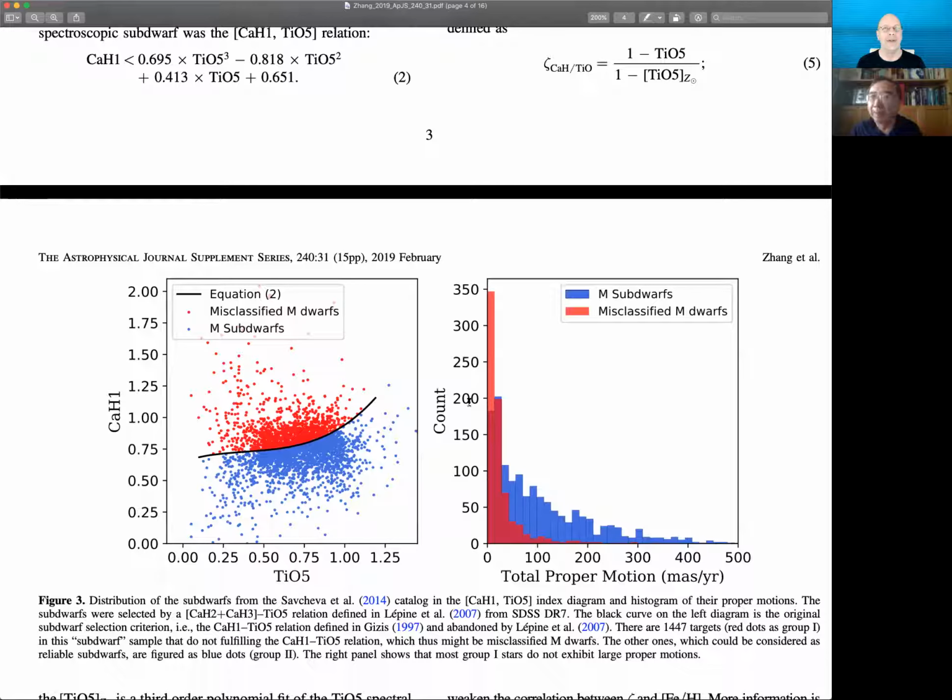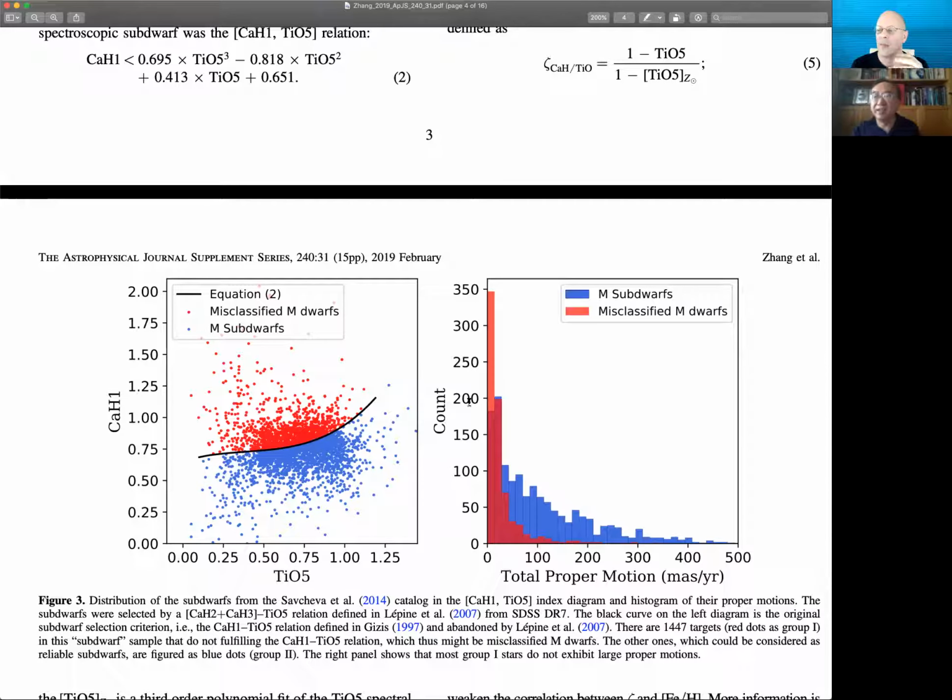That's because previously we have published some M-subdwarfs in LAMOST DR2. We have some experience to do that. In that work, we have only around 100 M-subdwarfs published, but the criteria is very strict.